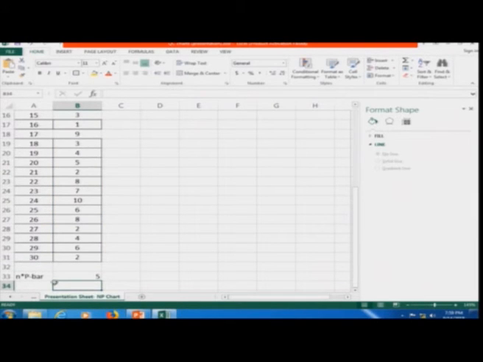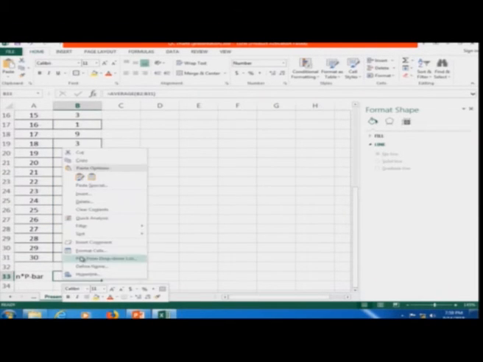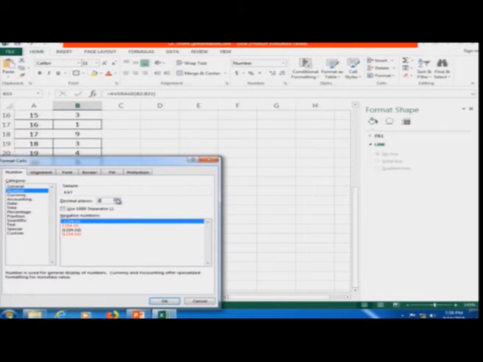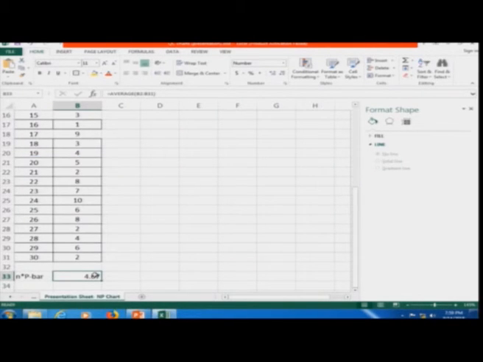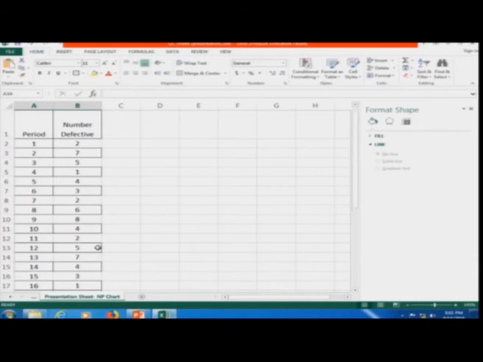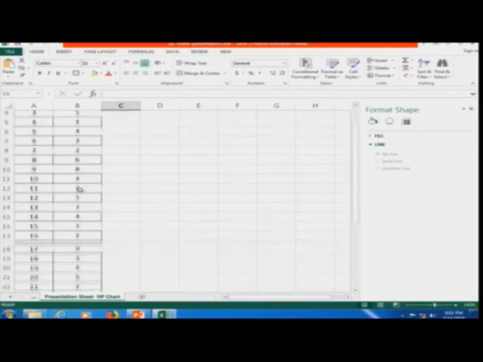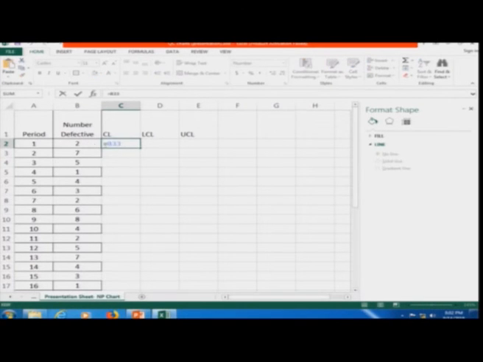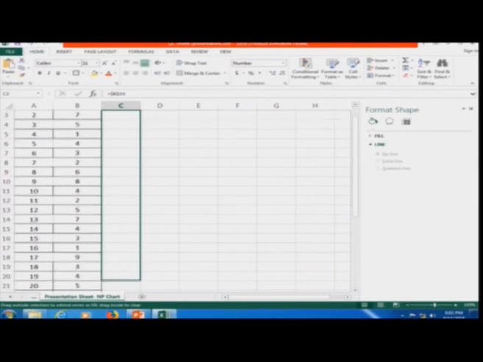Enter. I will bring this value to two places of decimal. So this is NP bar. We have the center line as our NP bar, and the lower control limit and upper control limit. The center line is this value NP bar. Enter. I will lock the values with dollar and drag.